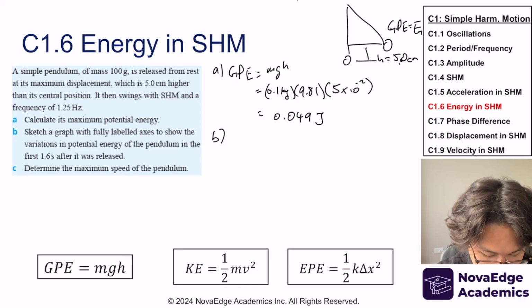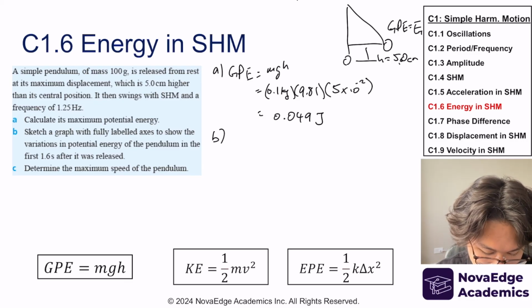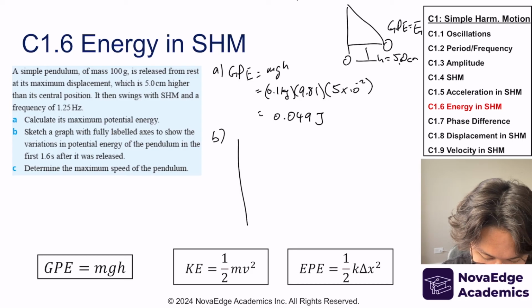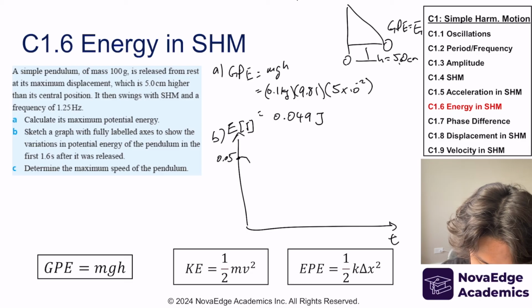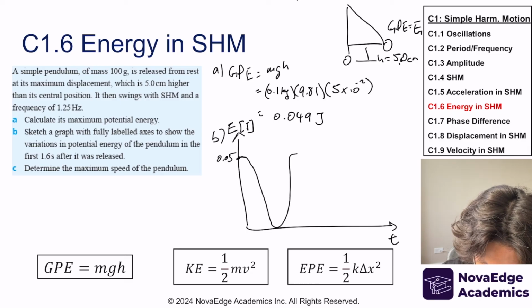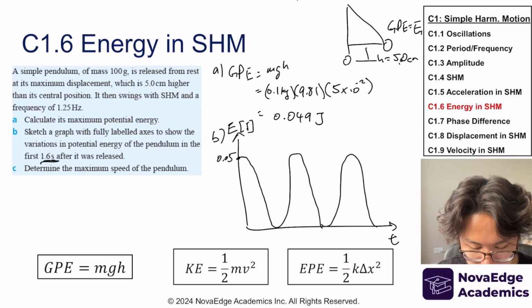Sketch a graph with fully labeled axes to show the variation in potential energy of the pendulum in the first 1.6 seconds after it was released. Well, I'm not drawing it to scale, but we can try. Energy. So potential energy is going to go like this. Now they're telling me for the first 1.6 seconds. So let's find the period.